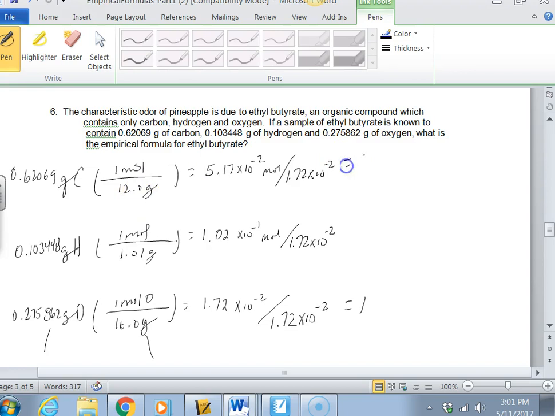This one would be 3. And this one would be 6. So that gives the formula C3H6O.